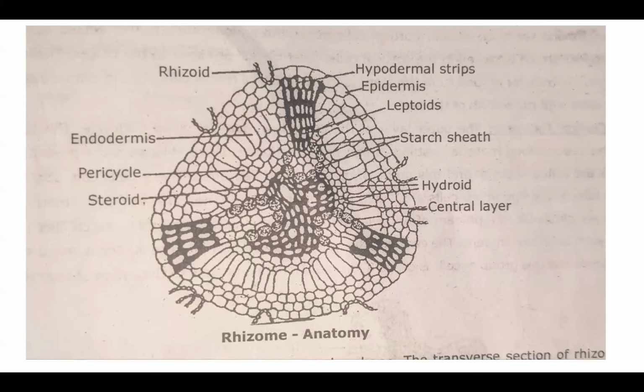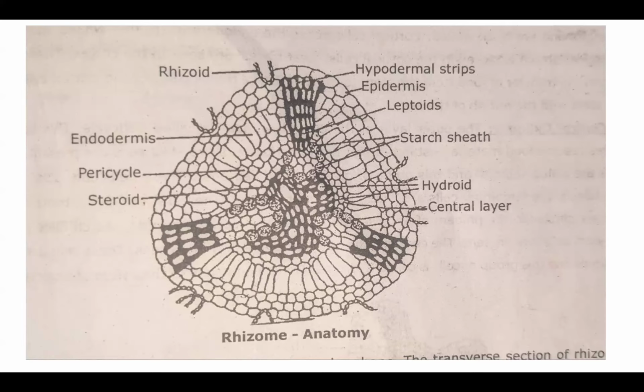Inside that, you will see the second part, the hypodermis. This hypodermis is present in three regions, the dark colored regions, the ridge-like structures, triangular as I said. Just below the ridges, you see hypodermal strips, black colored cells. This hypodermis gives mechanical support and is made up of sclerenchyma.